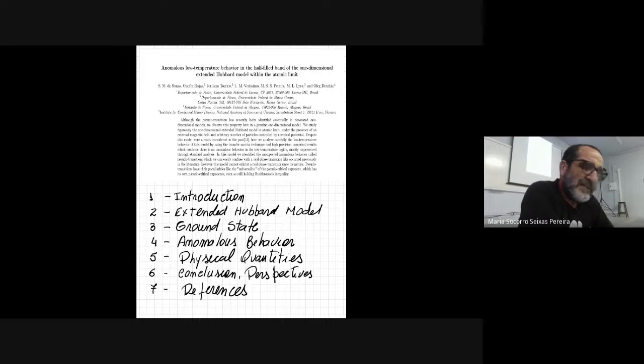But first, it's important that I talk about what pseudo-transition means for us. A long time ago, in the master's degree of Jordana, you found some graphs with very high values of specific heat, very high.